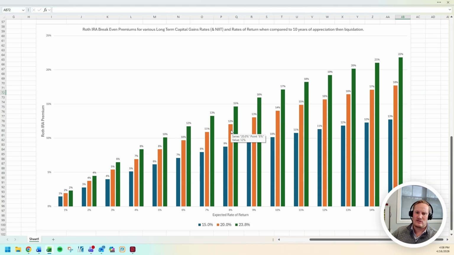It's just as good as it can get. And we're going to tax at either 15%, 20%, or 23.8%, representing the 20% plus the net investment income tax. And that can tell you what the break even is for expected rate of return and a 10-year hold period, at which there's a liquidation. So these are best case scenarios for some of the taxable accounts.